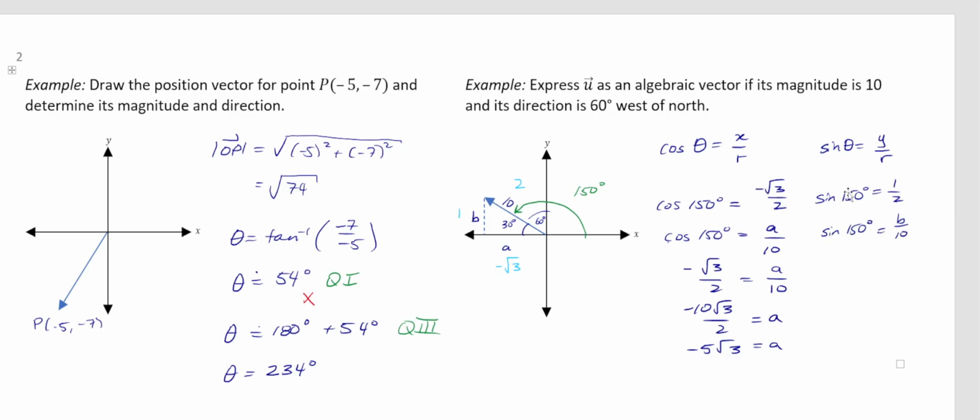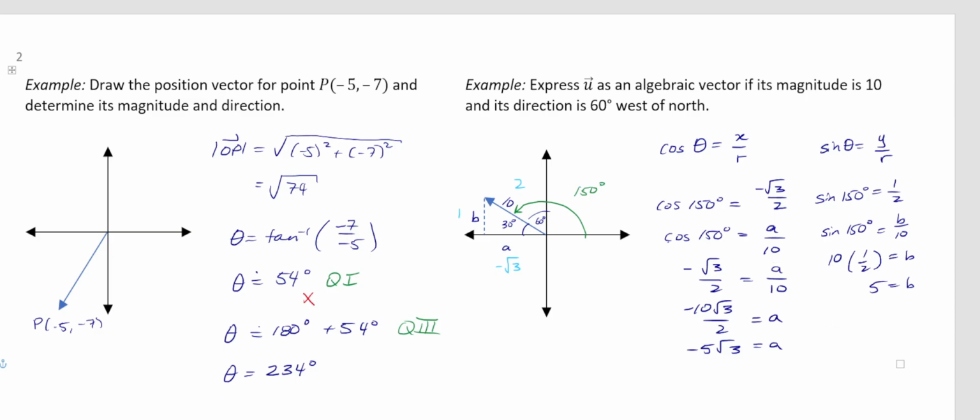Okay, so since both of these things equal sine 150, just like I did in the last question, I'm going to equate 1 over 2 to b over 10, and then solve for b. Okay, so 10 times 1 over 2 is equal to b.